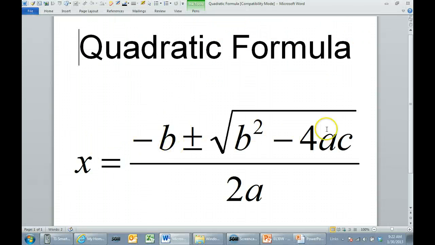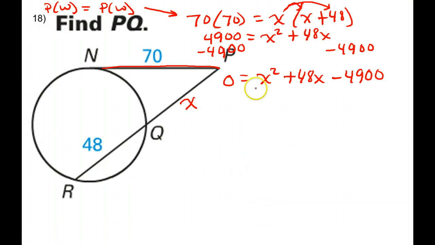Of course, this is our quadratic formula that I'm talking about, so all we need to do is put in our a, b, and c into this formula, and that should give us our solutions. Of course, a, b, and c are the coefficients of this equation.